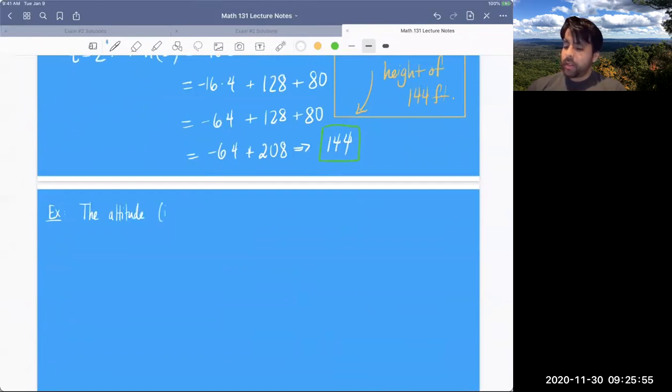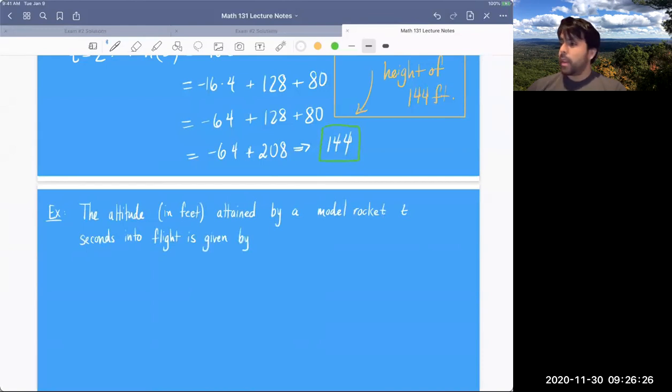The altitude in feet of a model rocket t seconds into flight is given by the function h of t, which is negative one third t cubed plus 4t squared plus 20t plus 2.